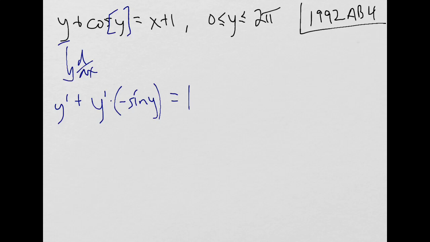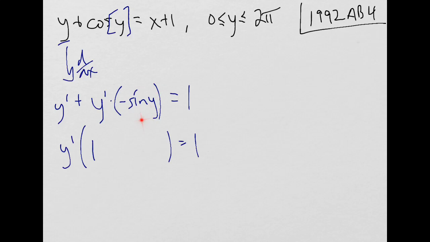So now I need to solve for y prime. I write y prime times something equals 1. I like to factor out y prime. So y prime times what would give me this? Well, y prime times 1 would give me that right here. And y prime times what would give me this term?